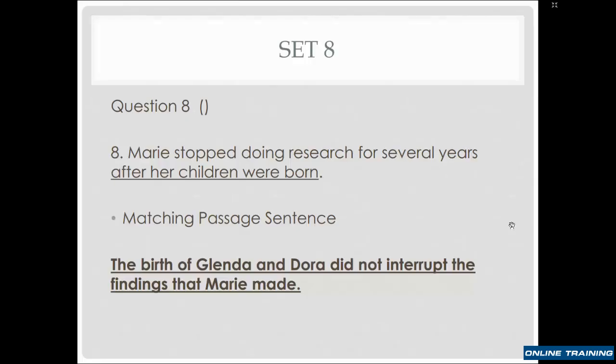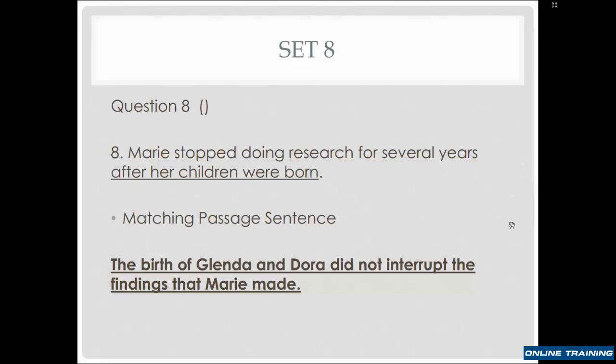We see Marie everywhere, but research, and then children being born. So that's the information that I used from the question to find the matching sentence. And then when I saw this sentence, it says the birth of Glenda and Dora, that means children were born. And then I see findings. That tells me that this sentence is the matching sentence for number 8.